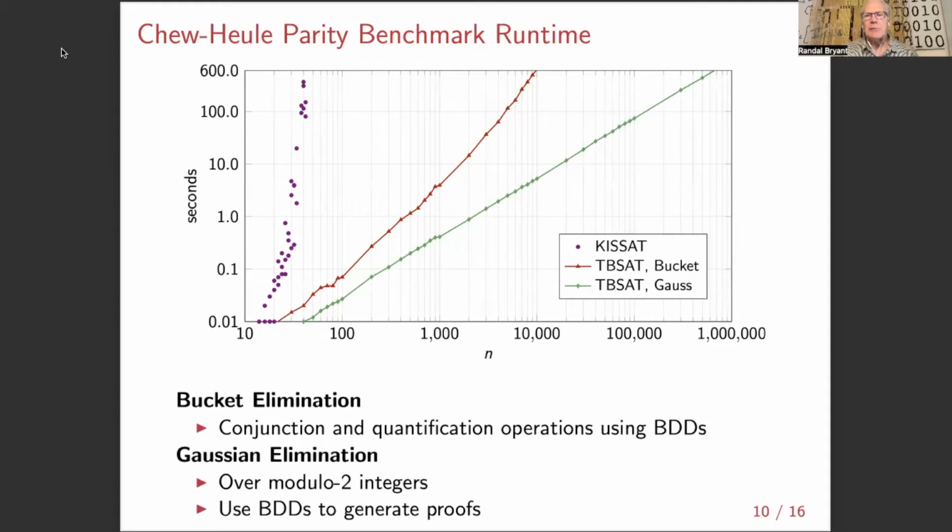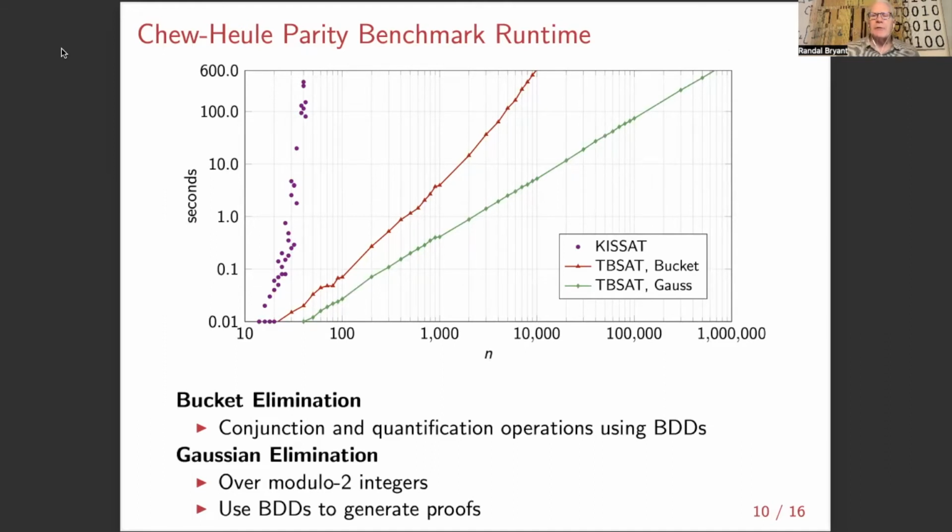And so using that same benchmark, you can see I can push way beyond n equals 42. The red lines show a use of BDDs in a very direct way, doing conjunction and quantification operations. And the green ones show using Gaussian elimination, which is a well-established technique for reasoning about parity constraints, but for which there is no known way to convert those results into a checkable proof in the same standard proof framework.